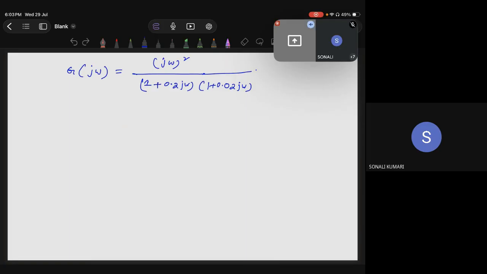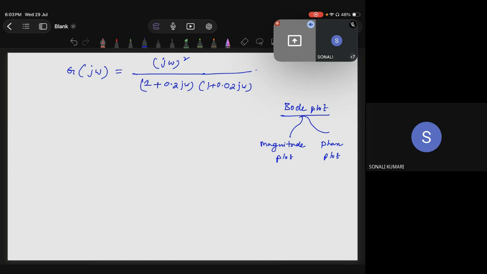The first one is the magnitude plot, and the second one is the phase plot. Whatever calculations we have done previously, we will use for the magnitude plot.